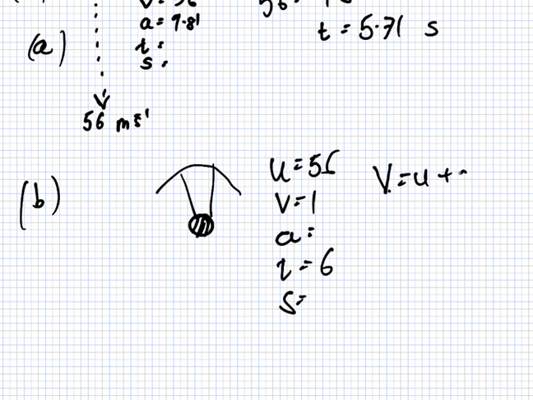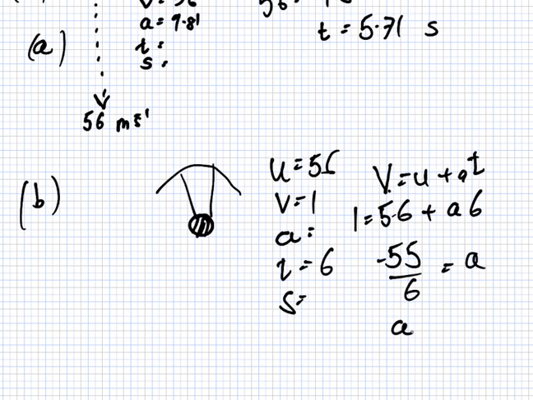V equals U plus AT. 1 equals 56 plus A times 6. So that would be minus 55 over 6 is the A. So the A is, let's say again, minus 55 over 6, which is what you have as well.